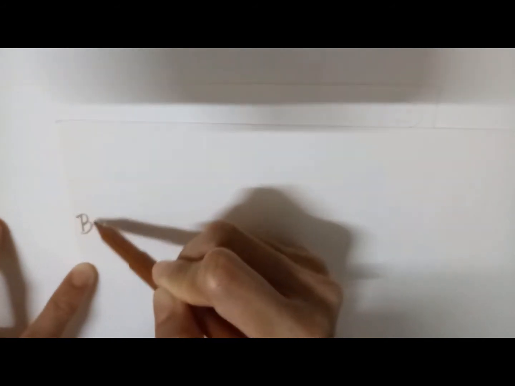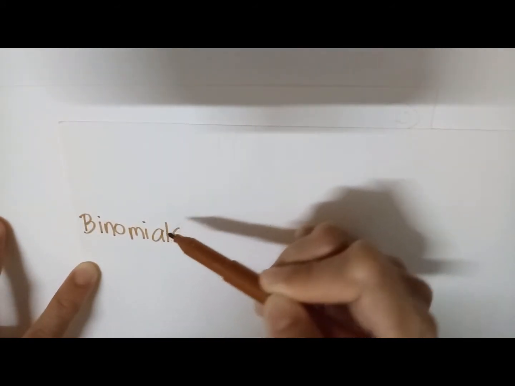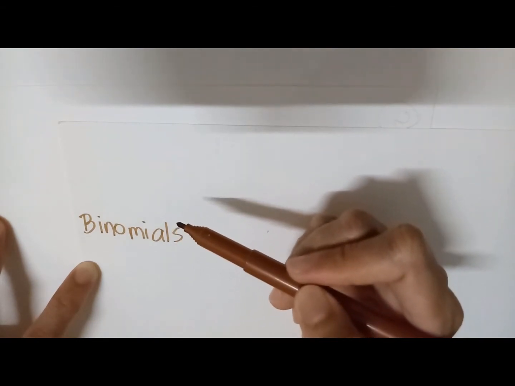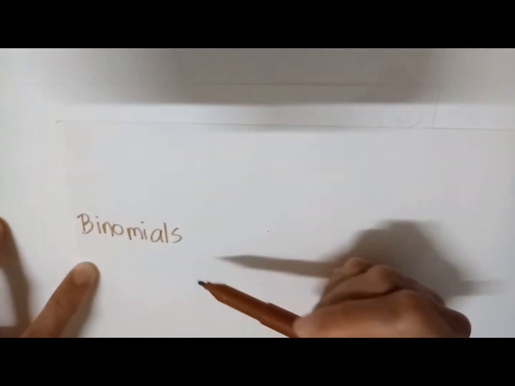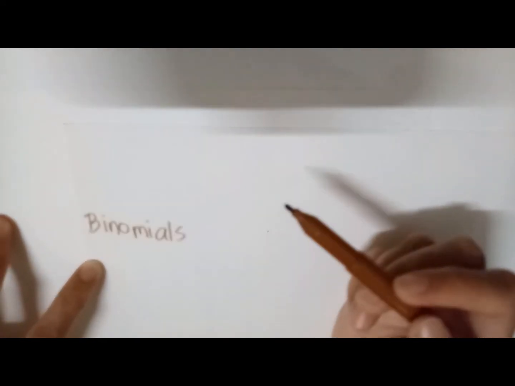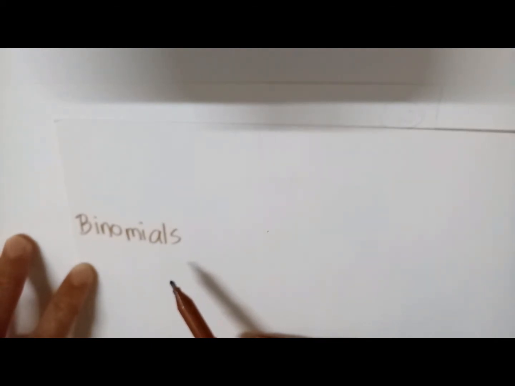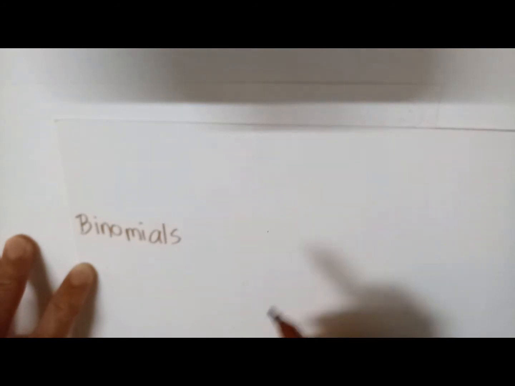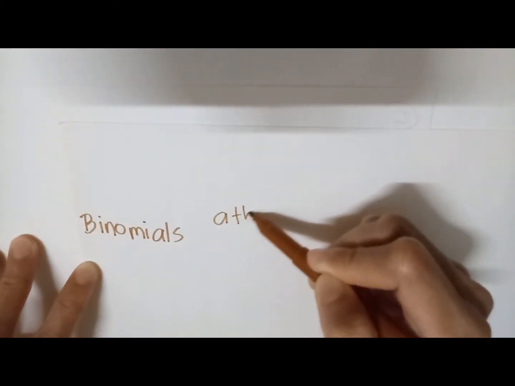First, we have special products of binomials. But before we proceed to the two cases of multiplying binomials, let's have first a very quick review of binomials. A binomial is a polynomial with two terms, usually joined by a plus or minus sign. Let's say, for example, we have a plus b.